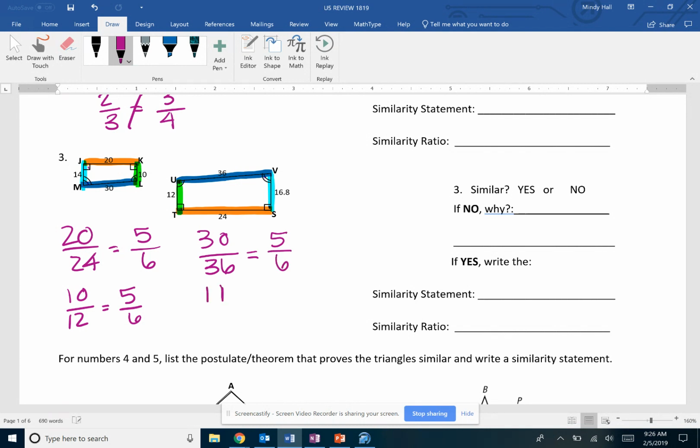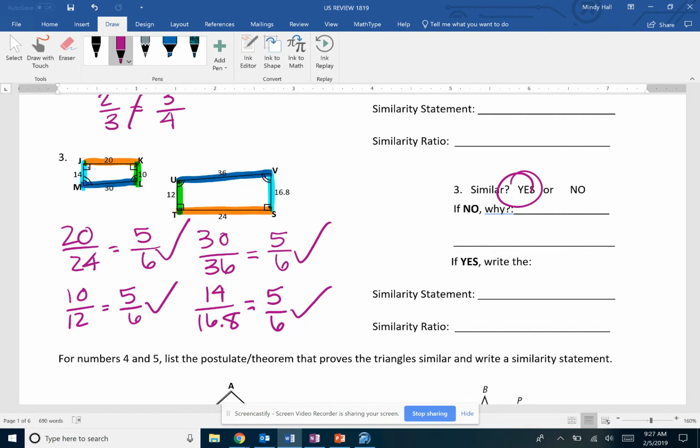And then the light blue, 14 over 16.8. I don't know what that is off the top of my head, but looking, 14 divided by 16.8 is 0.833 repeating, and 5 divided by 6 is also 0.83 repeating, so I know that this is also going to be 5/6. So since all of these are the same, all sides are proportional, these are similar.